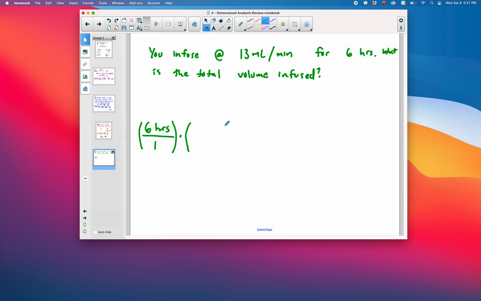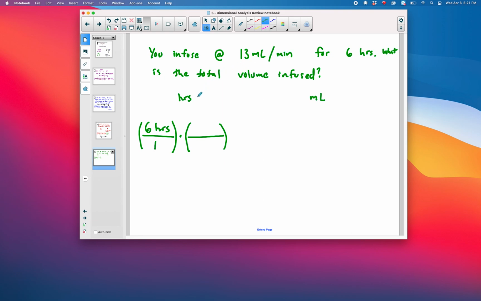Okay, and then what I'm doing here is converting. I don't have my roadmap yet, so I have to do my roadmap. We're going from hours. I want my answer in, I didn't specify here, so let's just say milliliters. If we wanted liters, we could do that too. I need to turn hours into milliliters. That's a weird connection, but I do know the connection. I know that I'm doing 13 milliliters per minute.